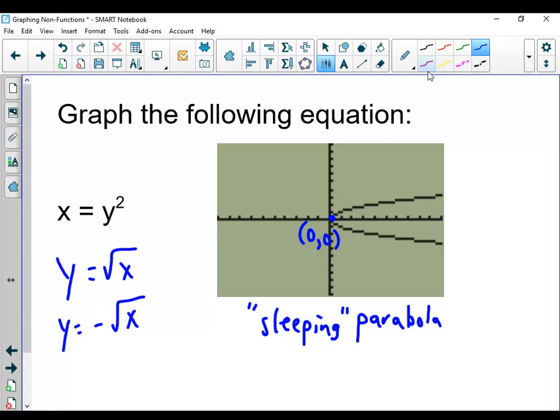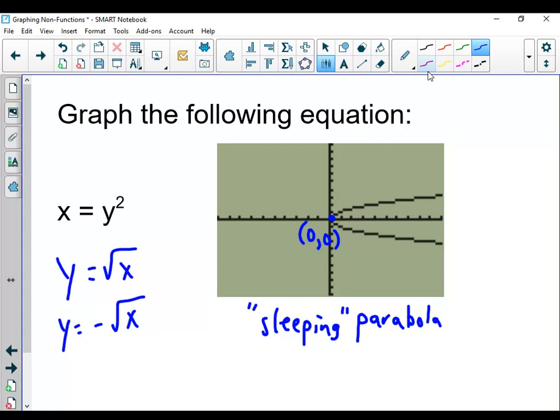What was something else we paid attention to? Okay, if we moved it left, right, up, and down, that was something else we looked at. What was the last thing we looked at with regular parabolas? Yeah, if it was opening up, opening down, right?